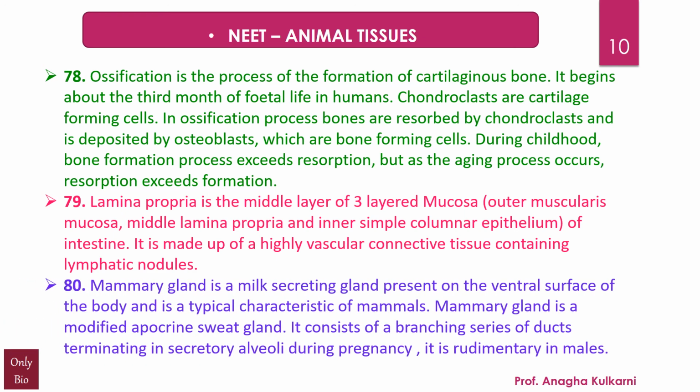Mammary gland is a milk-secreting gland present on the ventral surface of the body and is a typical characteristic of mammals. Mammary gland is a modified apocrine sweat gland. It consists of a branching series of ducts terminating in secretory alveoli during pregnancy and is rudimentary in the males.